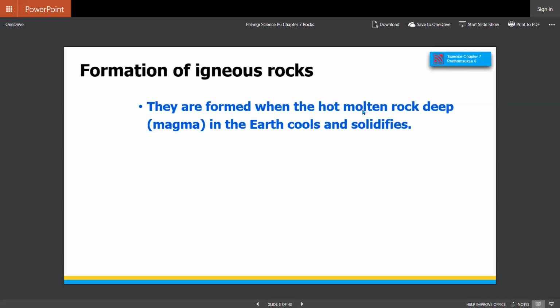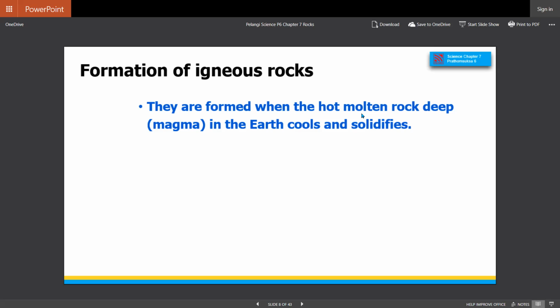Remember, magma, it's like something hot under the ground. But the moment magma starts to move, it is called molten. Remember, okay? So what comes out of the volcano are molten. That is magma moving, okay?